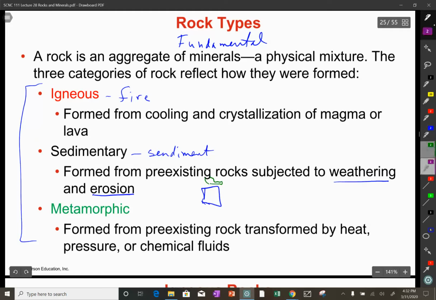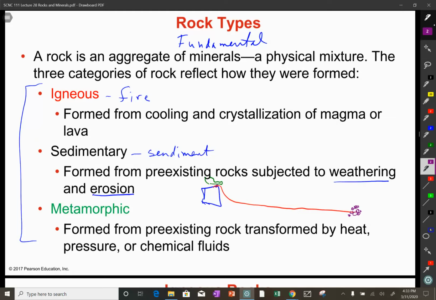Jim Bob's foot breaks off a little piece of that rock, so that's weathering. And then wind or water makes that little piece of rock move, that's erosion. And so that rock ends up here, and then I have a bunch of other pieces of rock that end up in the same place through the same process, and then they get compressed, and over time they lithify, they become a rock. So that's what sedimentary rock is.